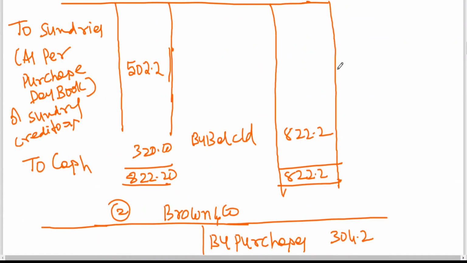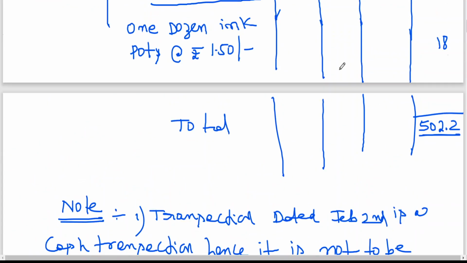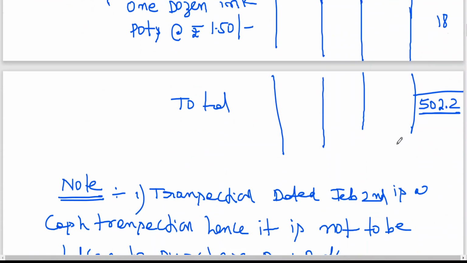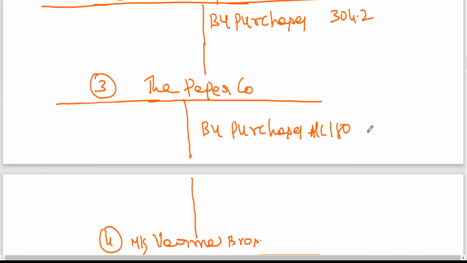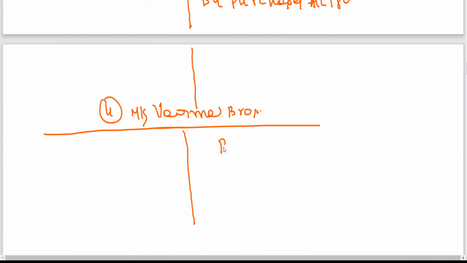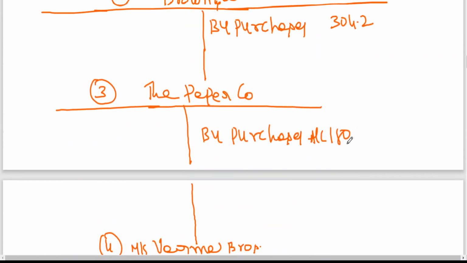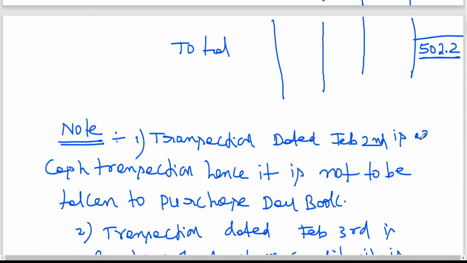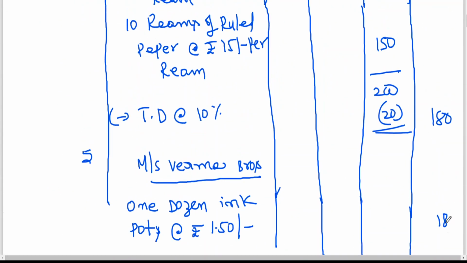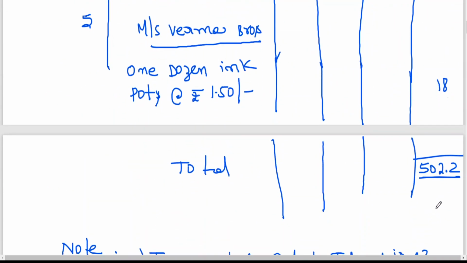By purchase account 180. Last one, Mrs. Verma Brothers. By purchases 18 rupees. Clear to all of you? By purchases 18 rupees. That's it.